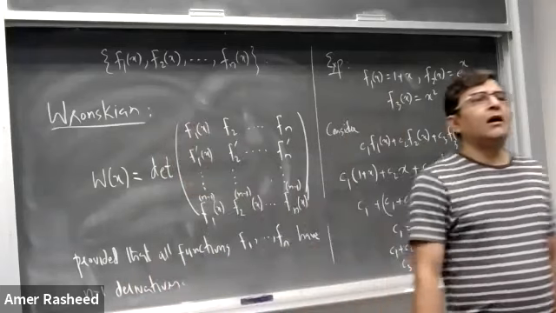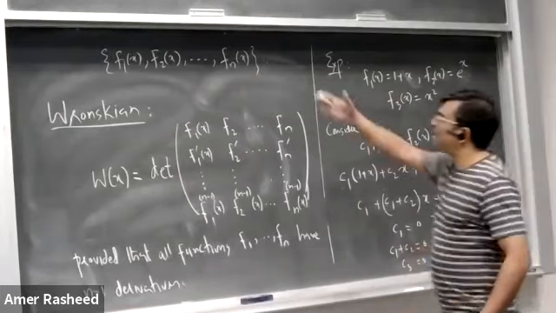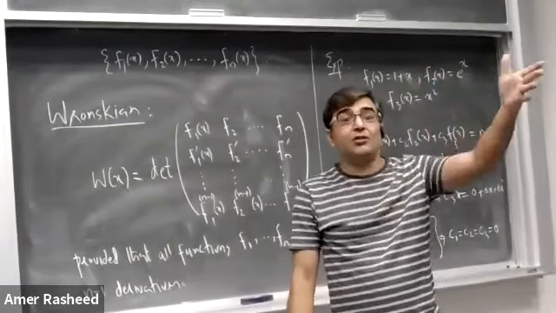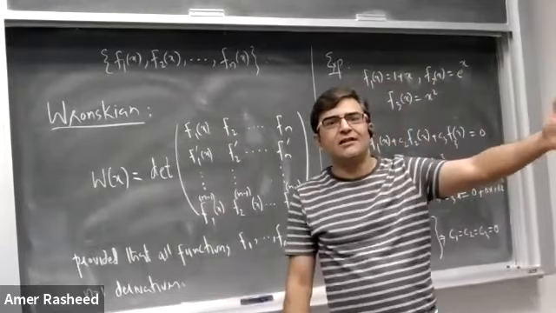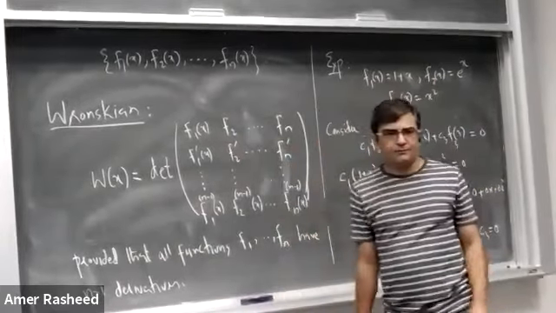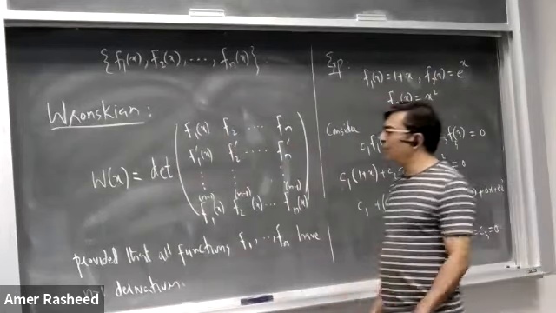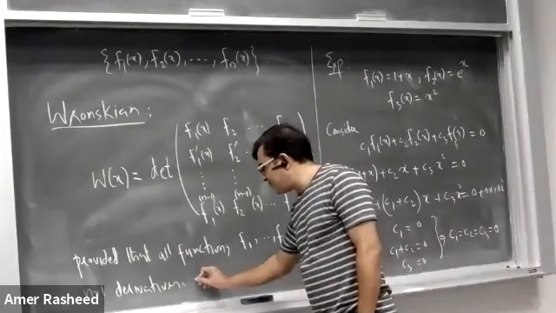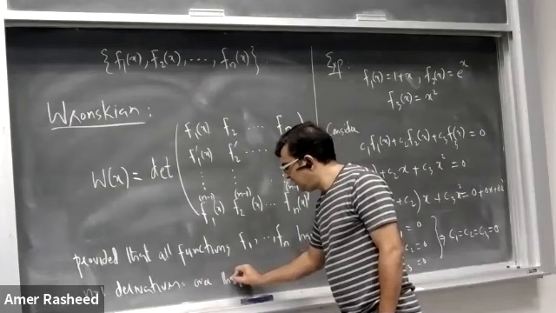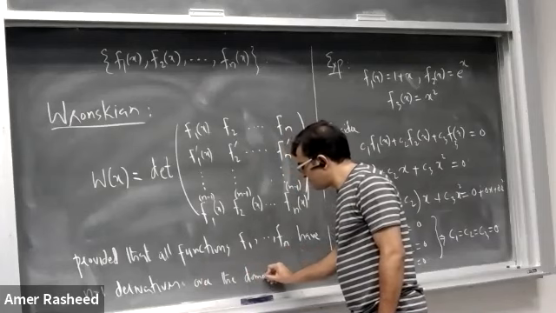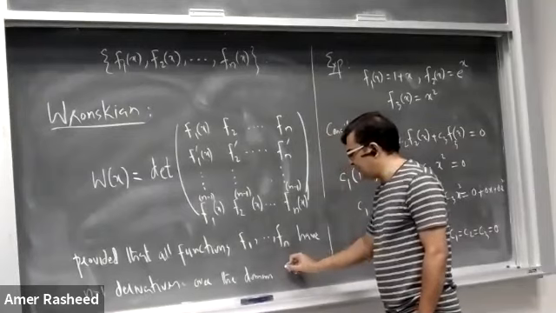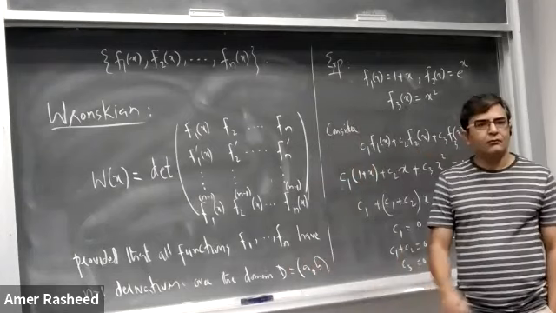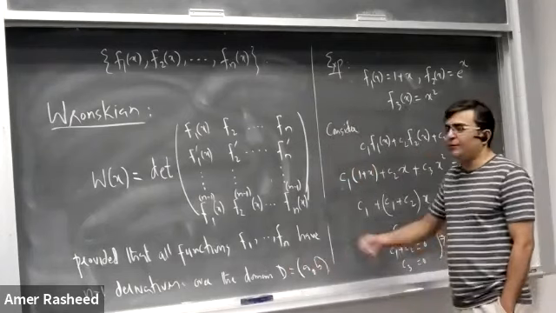It means each function in this set should be differentiable up to n minus 1th order. If it is not, then we cannot compute the Wronskian. This is over the domain, whatever the domain is, maybe we call it D or an open interval A to B. It should be a subset of R, or it could be R as well.